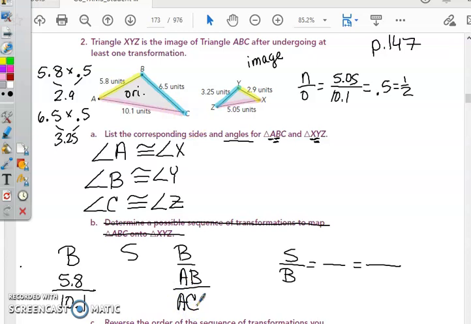And over here, I'm going to put a little line so you can see how these are separated. So 5.8 on the big, this is yellow, has to correspond with yellow on the small, which is 2.9. So I'm going to put that right here, 2.9.